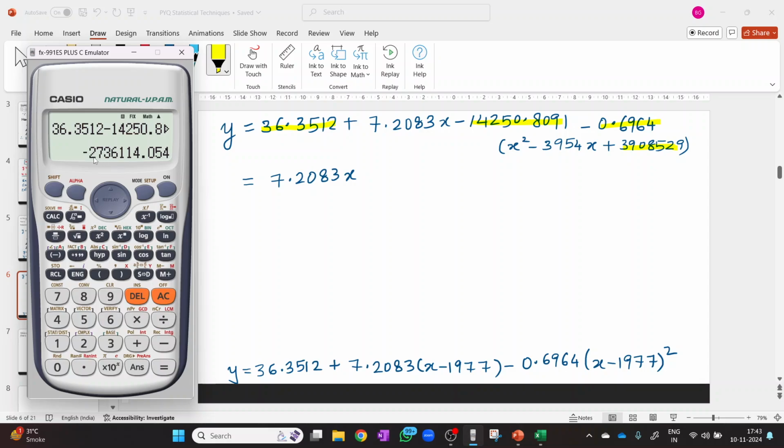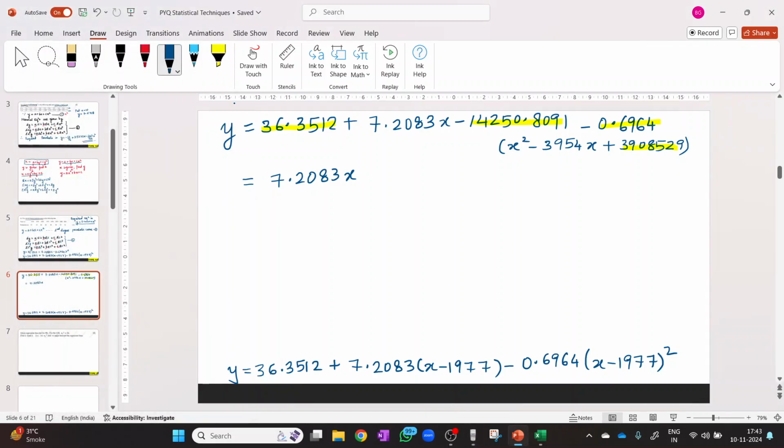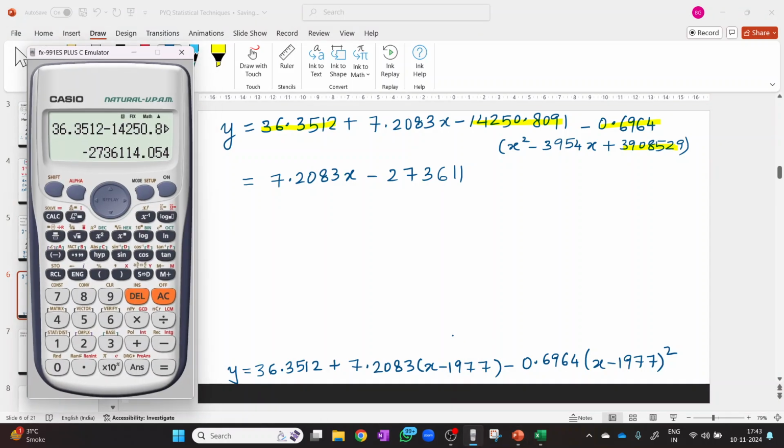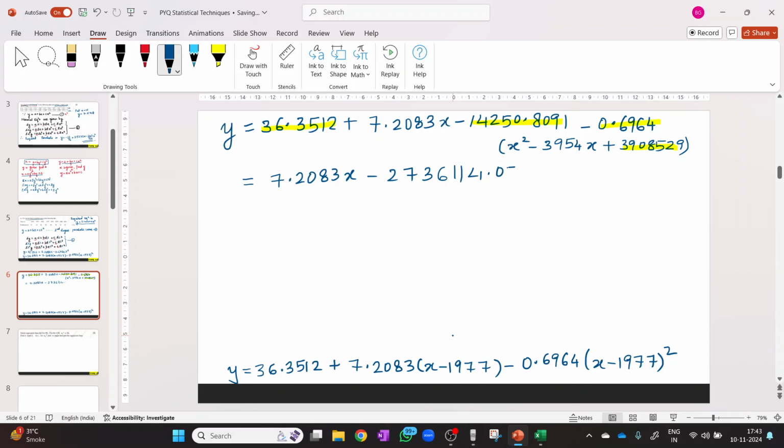So this is the value, negative 27361.054. This is your constant term.